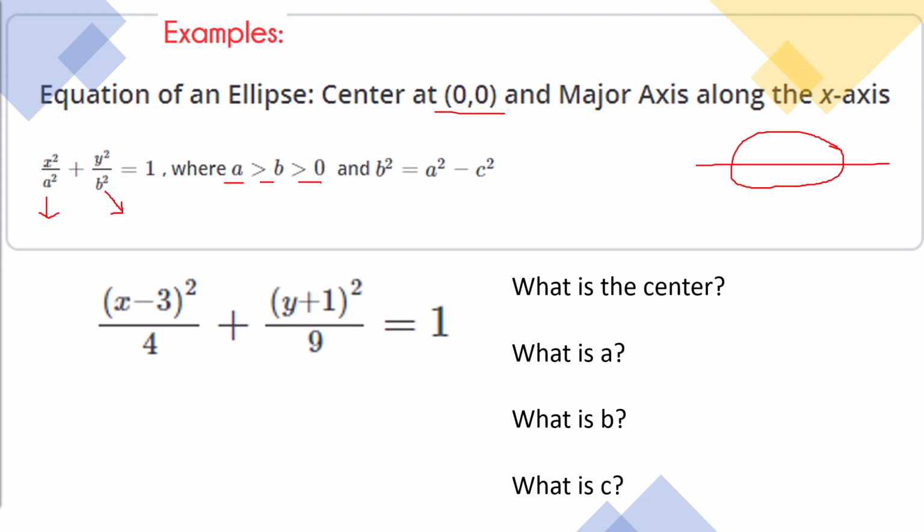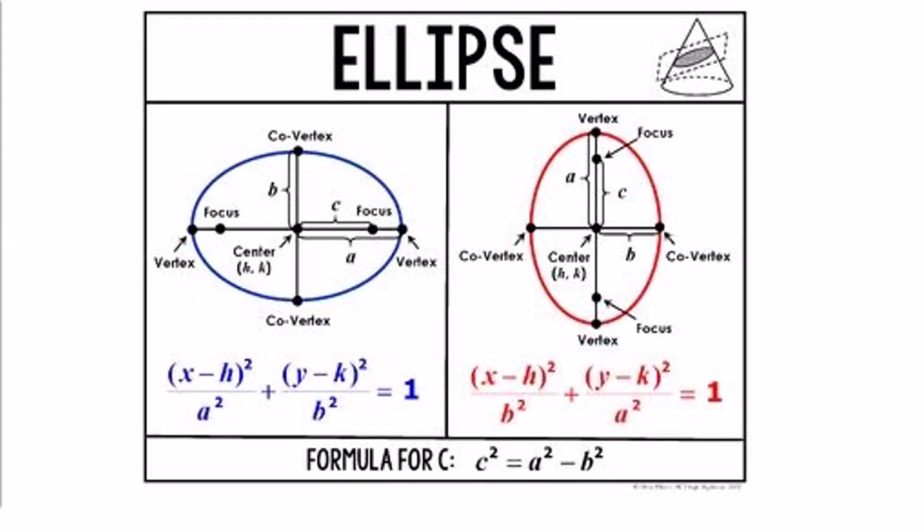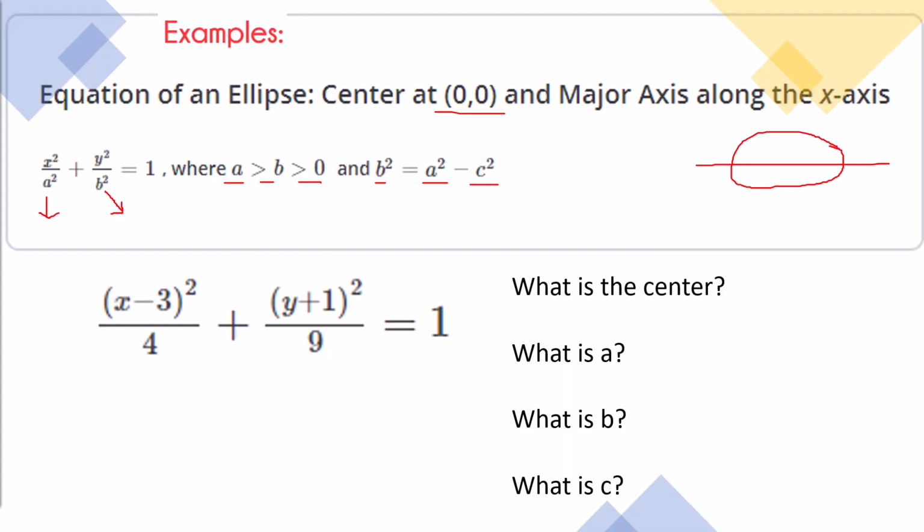And here's the formula again. B squared equals a squared minus c squared. Let's go back and check to make sure that that's what we had. Now we have c squared equals a squared minus b squared. So let's compare. C squared equals a squared minus b squared.